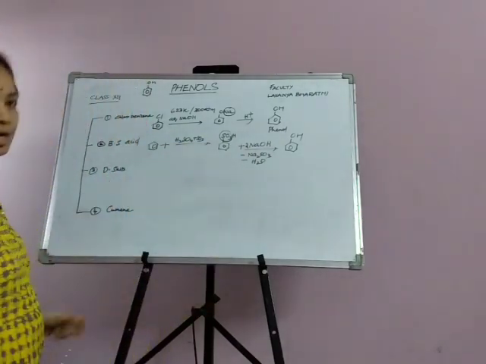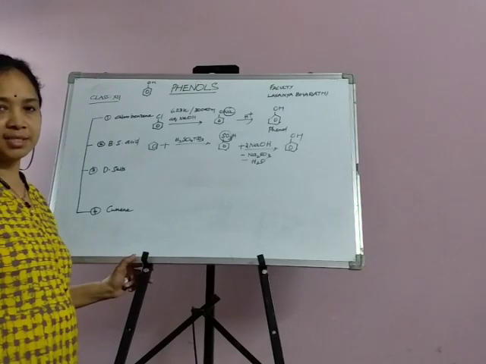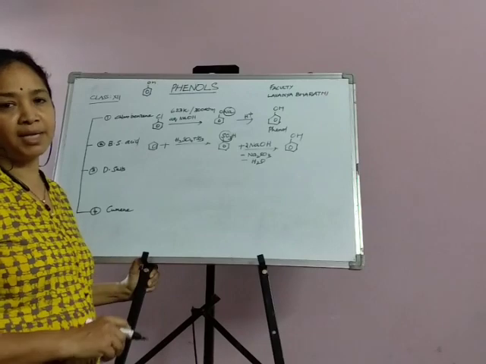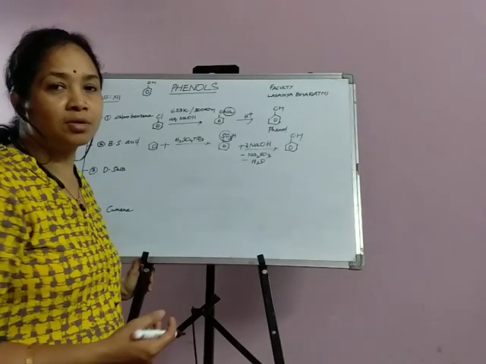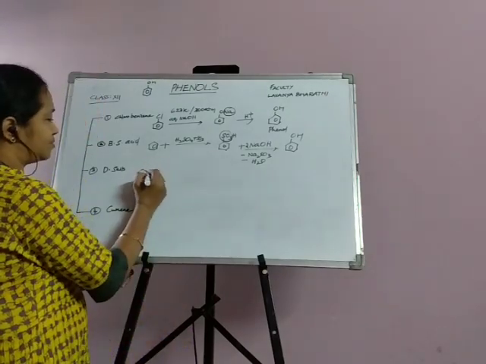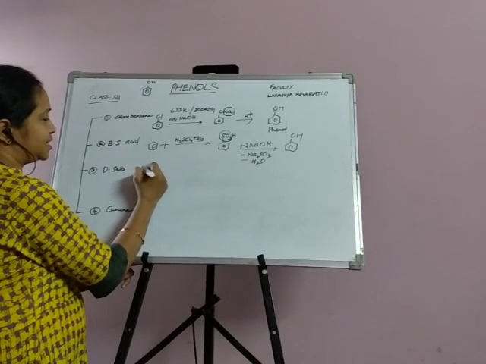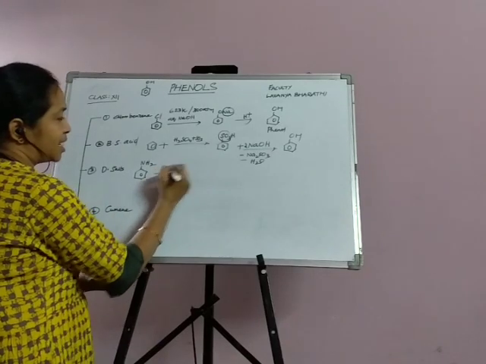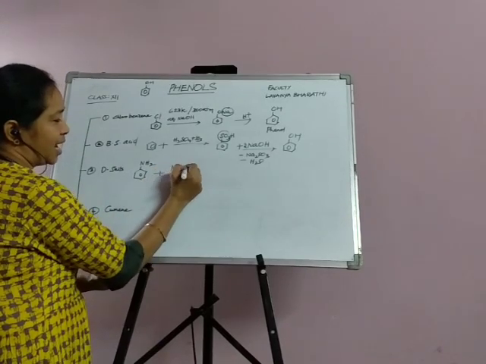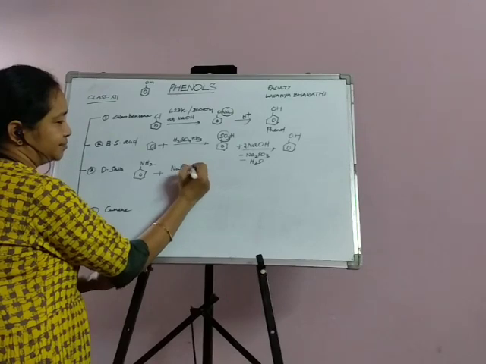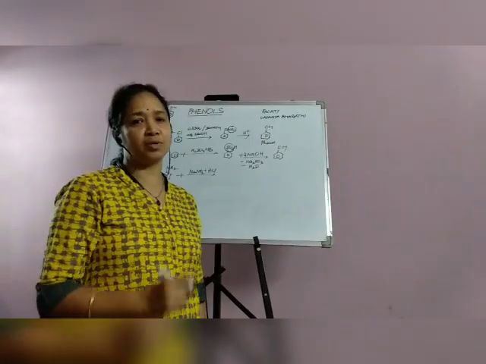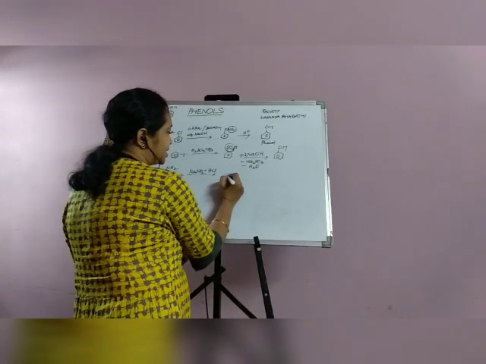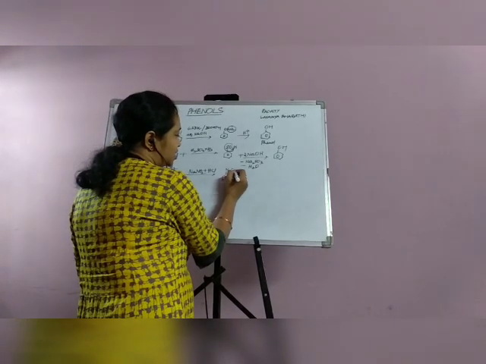Now coming to the third one, that is diazonium salts. Here the important raw material which we take is aminobenzene. Aminobenzene is also called aniline. Now I am taking aniline. Aniline is C6H5NH2. This aniline is treated with nitrous acid, NaNO2 and HCl. Benzene diazonium salt is obtained, C6H5N2Cl.